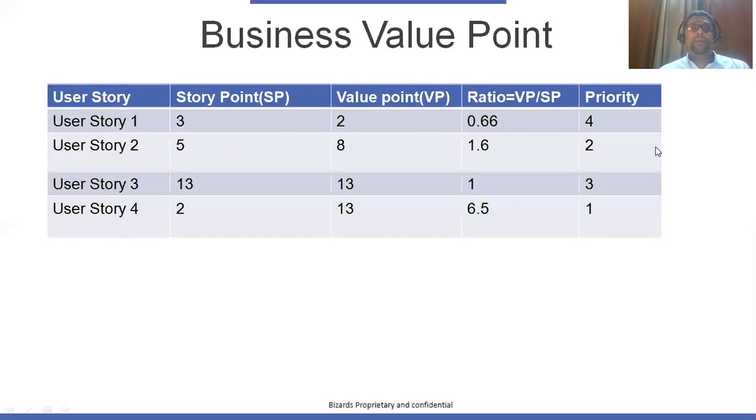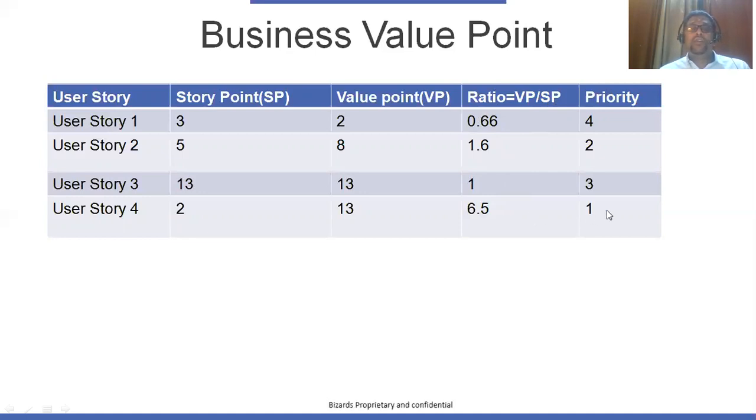And the same thing happens for value points. The product owner goes through all the user stories, and whichever user story has the least value to the customer, I give the minimum value, which is 1. And once the story points and value points are completed, you calculate the ratio, which is nothing but value points divided by story points. And whichever user story has the highest ratio, that is the top priority.